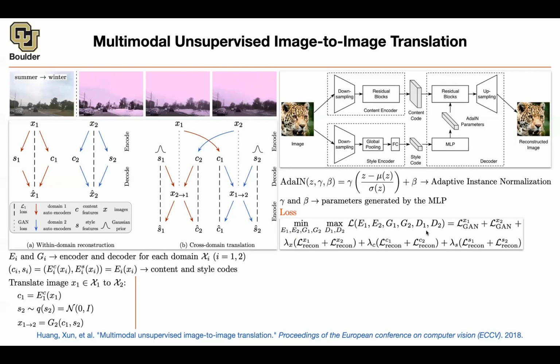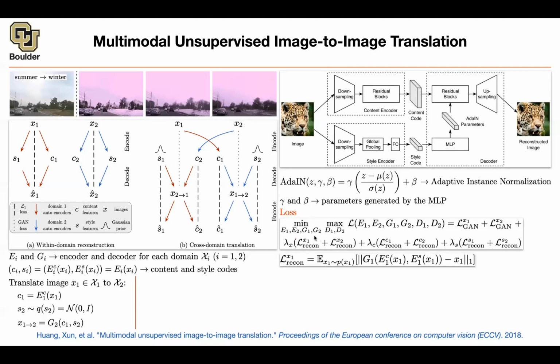You have 6 networks. You need to train them simultaneously. Some of them are GAN type of losses. Some of them are reconstruction type of losses. Some of them are reconstructing at the pixel level. Some of them are reconstructing at the latent level. Some of them are reconstructing the content. Some of them are reconstructing the style.